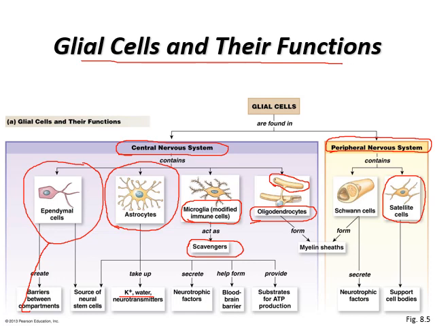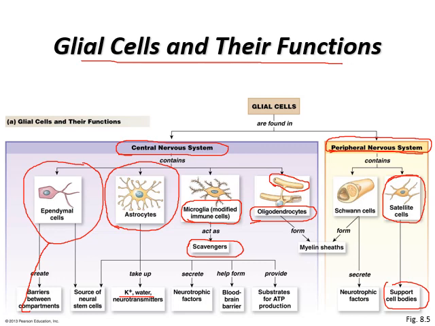The central nervous system has a skull and a vertebral canal, bony structures that surround and help protect them. Whereas in the peripheral nervous system, the neurons don't have that protection, and so satellite cells add a little bit of it by surrounding the cell bodies.